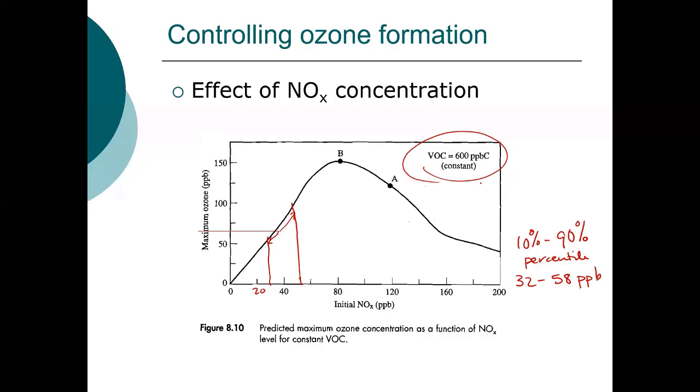So notice here, if we increase the NOx concentration, what happens to the ozone level? What the 10th to 90th percentile means is that when we measure NO2 across the US, the average is the 50th percentile.